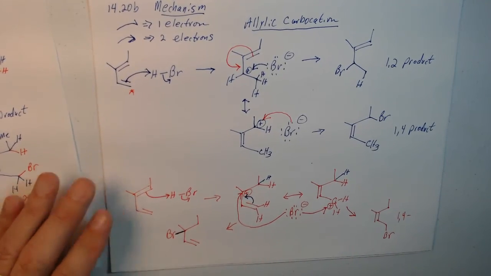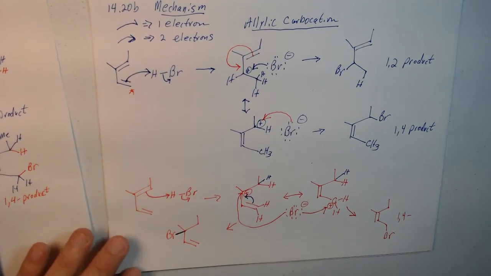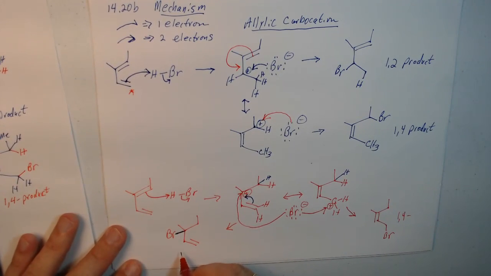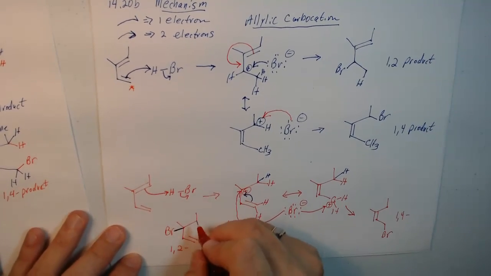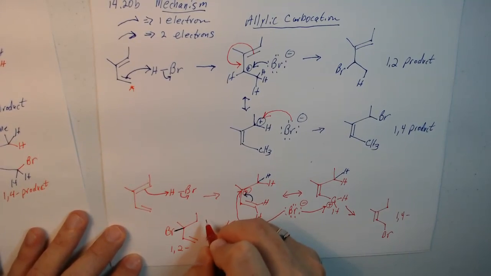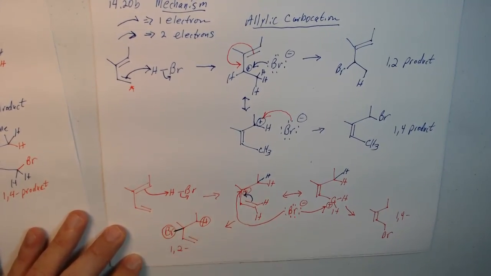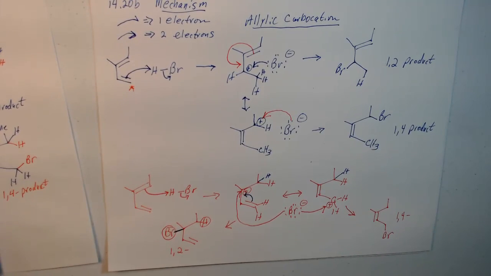When I push the arrow, we get a different product, this one being the 1,2. Okay, and I'll put in explicitly for you that hydrogen that we added right there, so you can see hydrogen and bromine add 1,2.